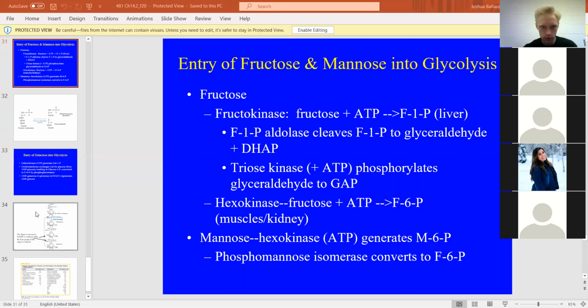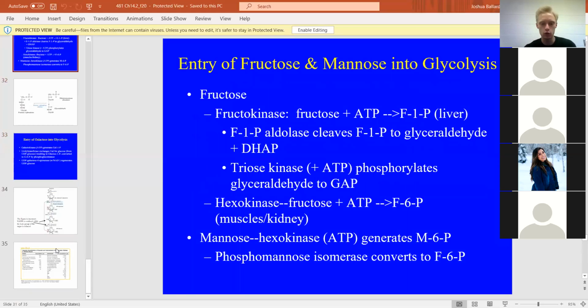So we know the feeder pathways. I'm going to take a quick bathroom break. It'll only take about 3 minutes or so, but if you have any questions about gluconeogenesis and the oxidative pentose phosphate pathway, just write them down and we'll quickly review those, and then we'll get into chapter 15.